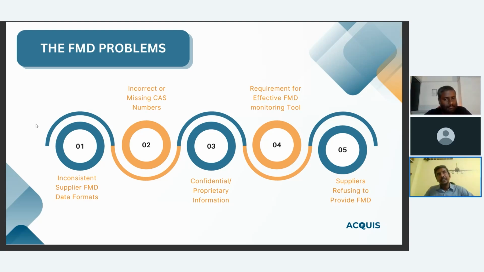Still, from the innovation and copyright perspective, I think some level of confidentiality is fair to ask from the suppliers. In our FMD projects, we allow suppliers up to 10%.